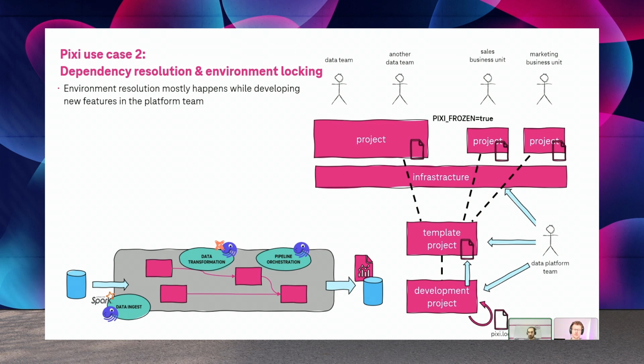But from that perspective, we don't force them to use it. In our instance we put pixi frozen false, we do whatever we want to do, and on all other instances the default value is true, but of course you can switch it.